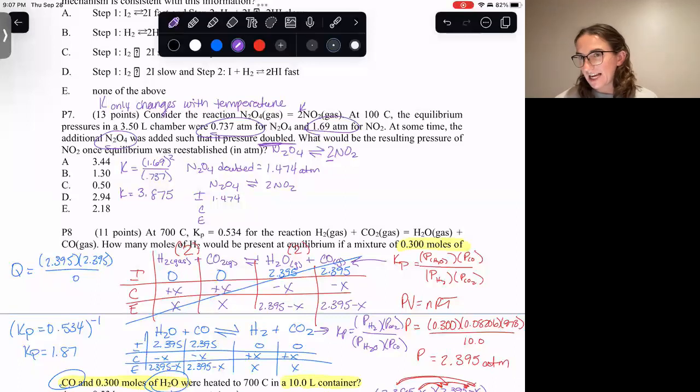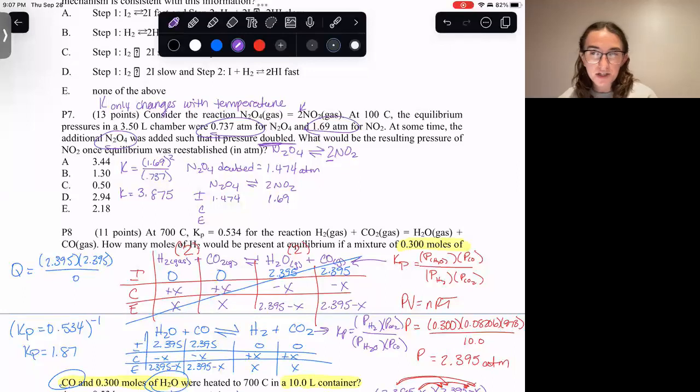It's not none this time. We're given an equilibrium of 0.737 and 1.69, and now we're doubling the N2O4. But that still means we have 1.69 available in our container for the NO2. So that 1.69 is still there.